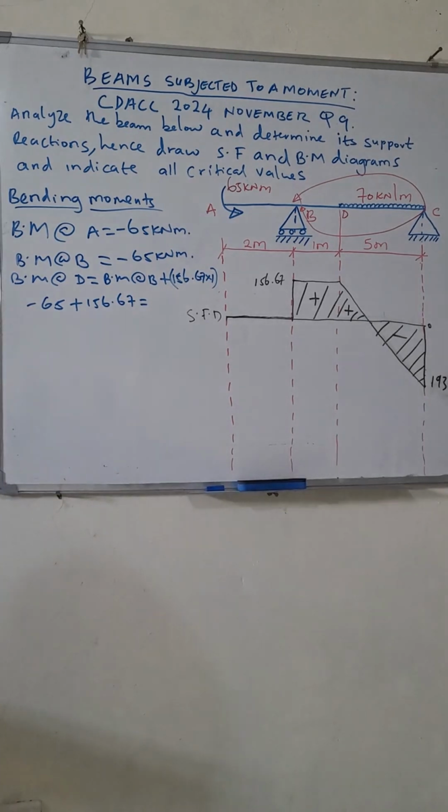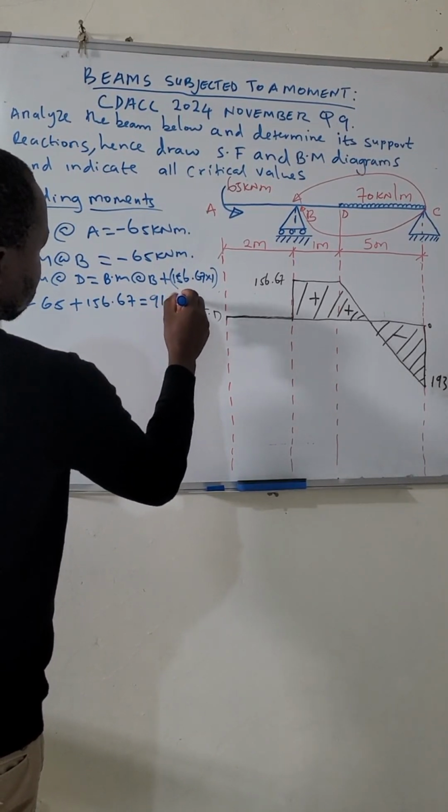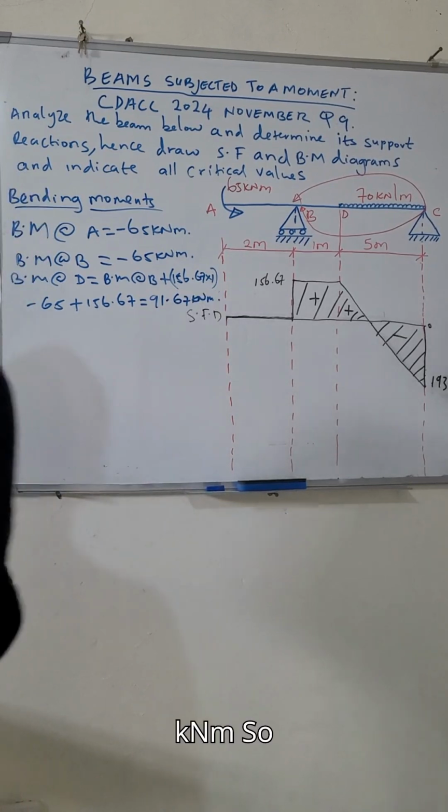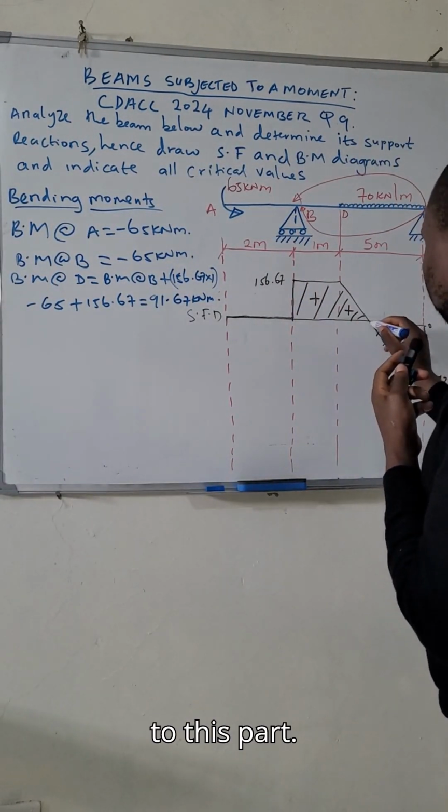So this one will be 91.67 kilonewton meter.